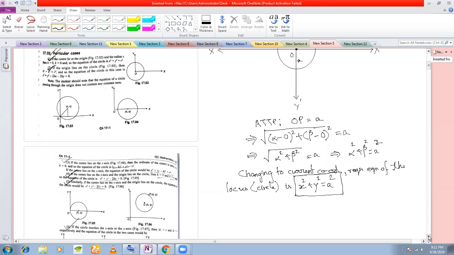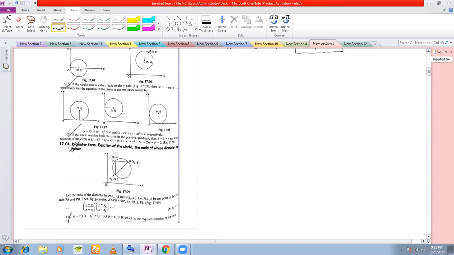Now it is not necessary that the center will always be the origin.